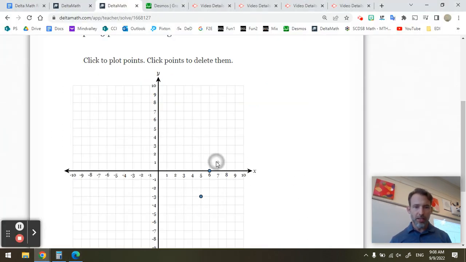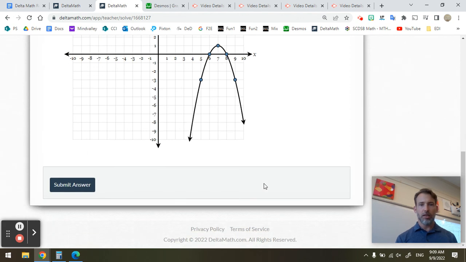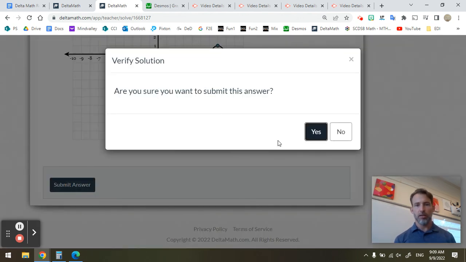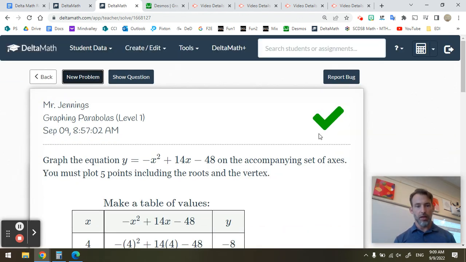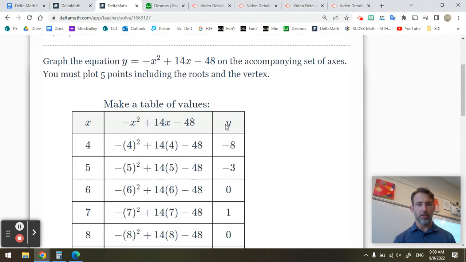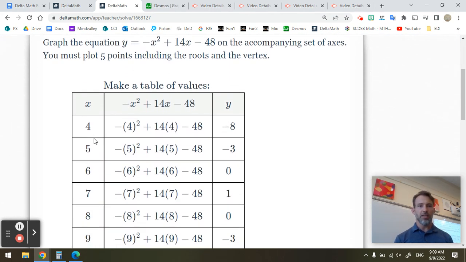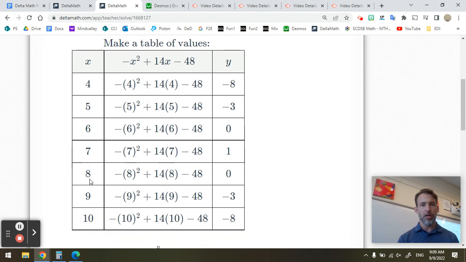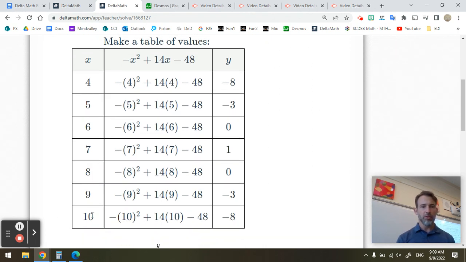Now, I don't need to keep going and finding more points because the parabola is going to be symmetrical around that vertex. So I know that point and that point are also going to be on the parabola. And this is what the parabola looks like. They have decided to make a table of values. They started choosing values at 4, similar to us, and then they went all the way up to 10.